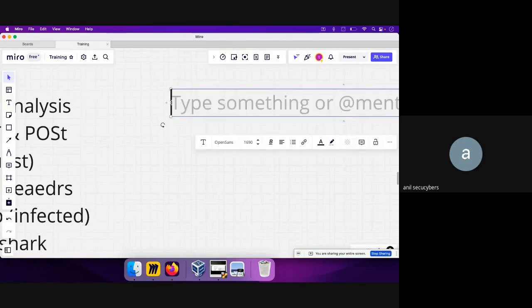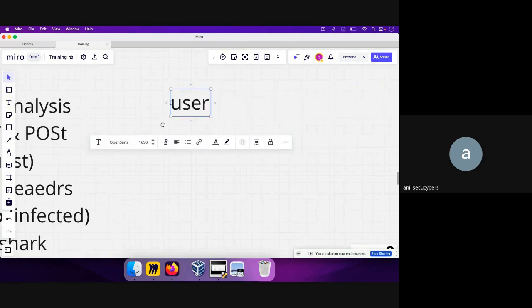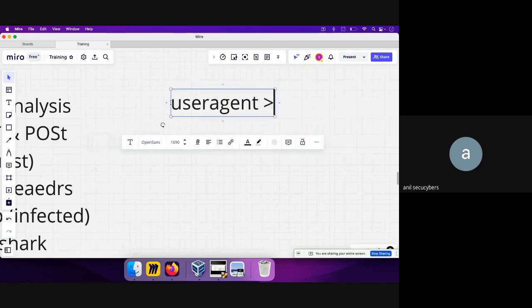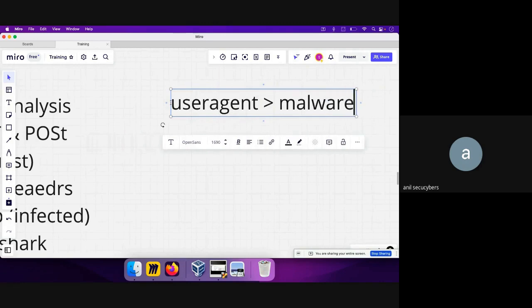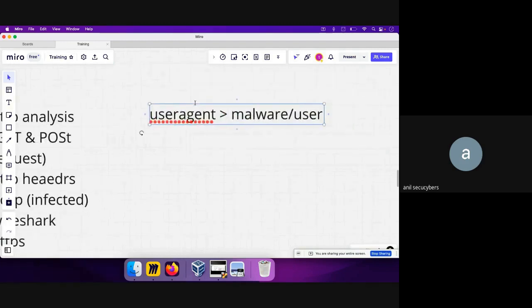What I understood from your question is that you have a user agent and you want to figure out whether it was set up by malware, or whether it is the user visiting that website from a browser. Is that right?